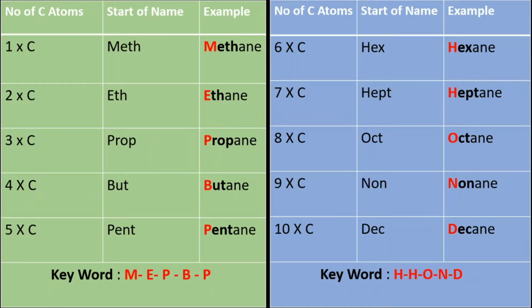So from the word HOND, we can learn these 5 letters which will help us understand the naming of organic compounds. In HOND, the first H explains hex, the second H explains hept, O explains oct, N stands for non, and D stands for dec. I hope so. Now, these keywords will help you to understand the naming of an organic compound.